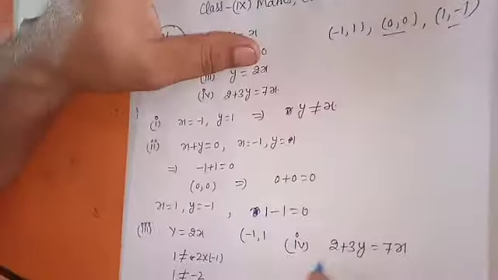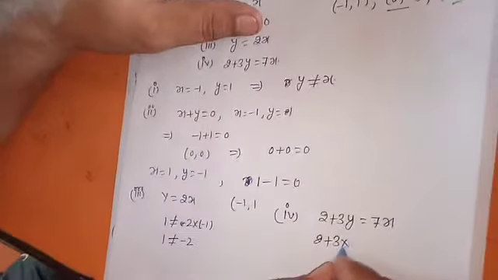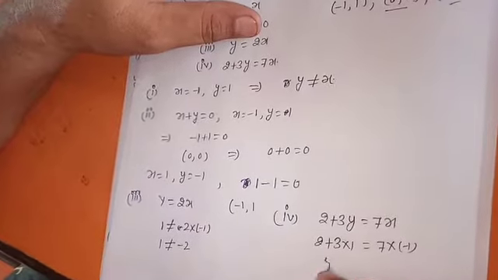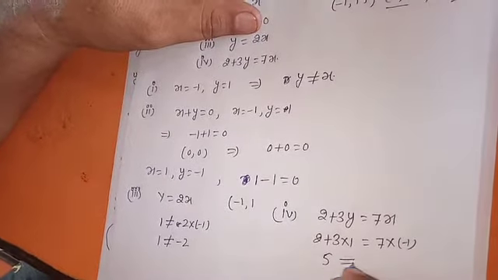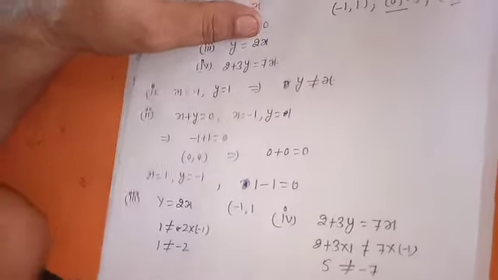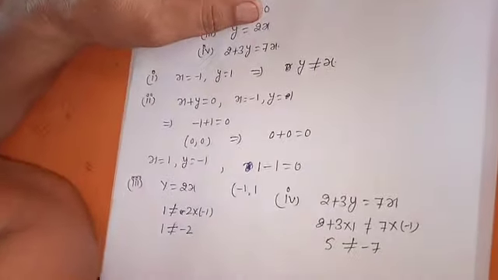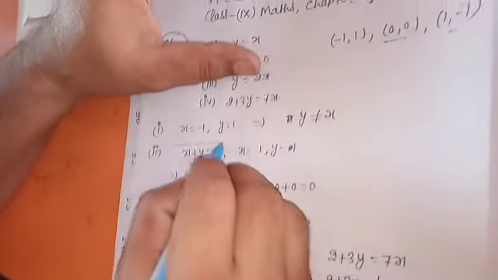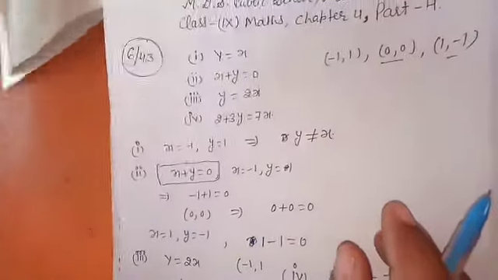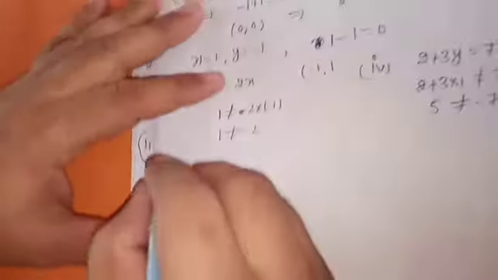Put these values, 2 plus 3 into 1 is equal to 7 into -1. So 5 is not equal to -7. So this is also not a graph of this equation. So this is a graph of which equation? This x plus y equal to 0. So in this way you can solve second part also. Try to solve it. This is also easy. So I think all of you understood.